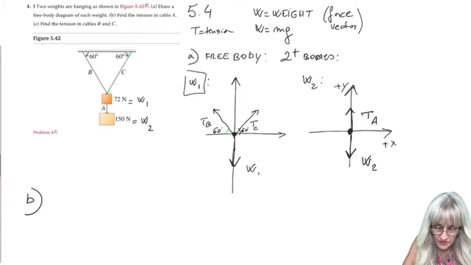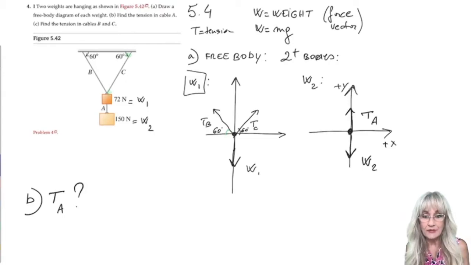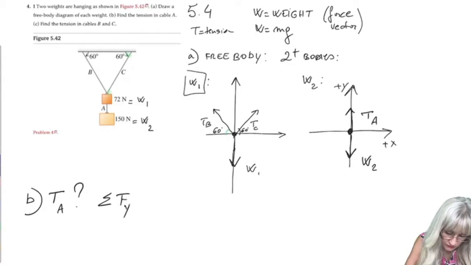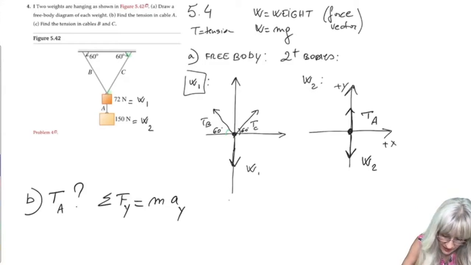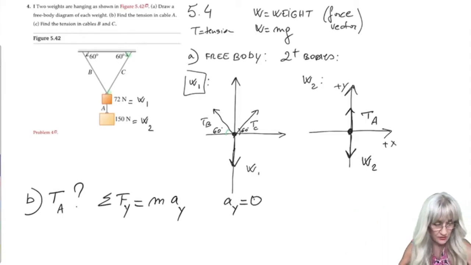In part B, we want to find T of A, the tension in cable A. So we want to look at Newton, which says that the sum of all vertical forces must be equal to m a y. Since the object is not flying off to space, is not taking off, this acceleration is 0.